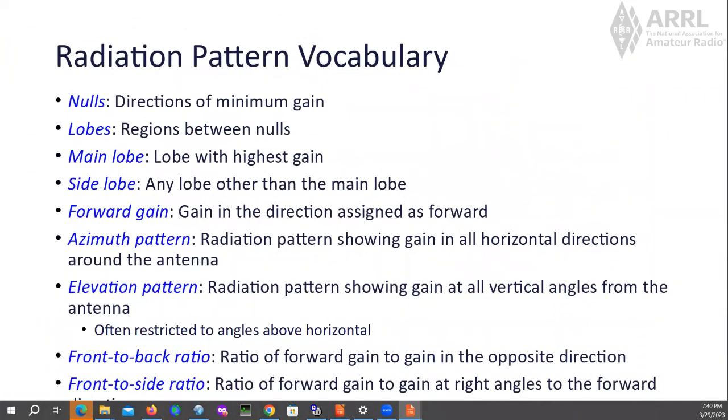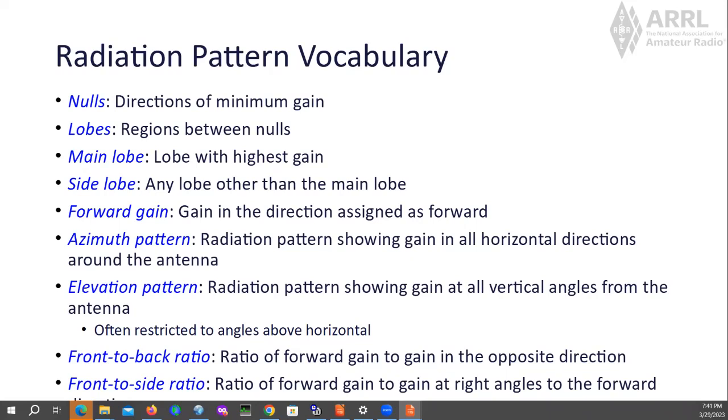Now, did I cover this? Nulls? No, I don't think I did. Radiation pattern vocabulary. Nulls are the directions of minimum gain. Lobes, the regions between nulls. The main lobe is the lobe with the highest gain. Side lobe, any lobe other than the main lobe. Forward gain, gain in the direction assigned as forward.